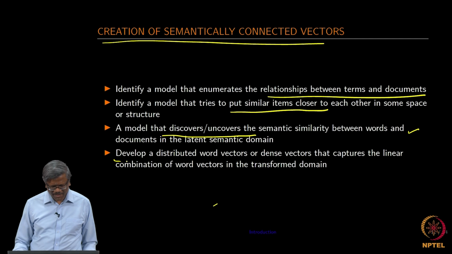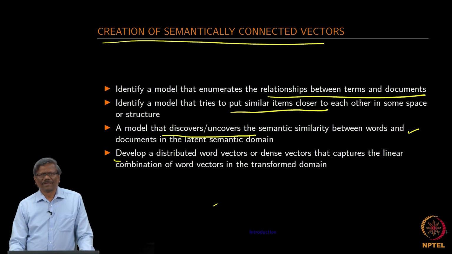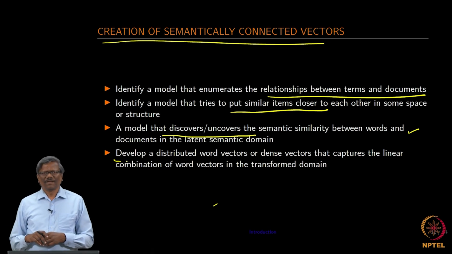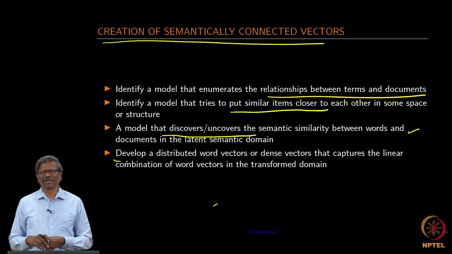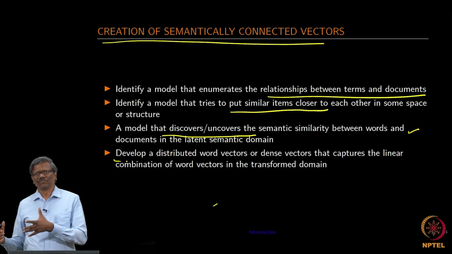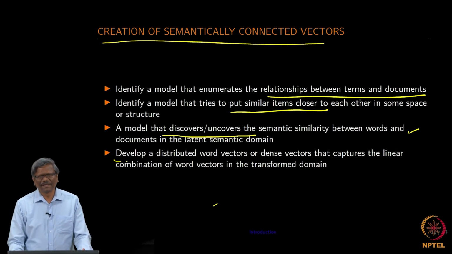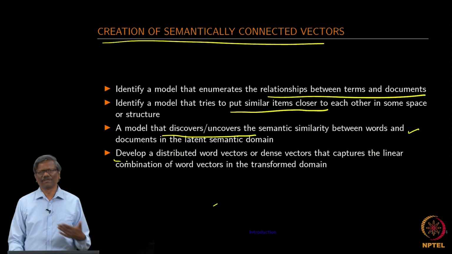Develop distributed word vectors or dense vectors that capture the linear combination of word vectors in the transform domain. For example, when you are transferring from one domain to the other, what happens in the transform domain? So, the words are transformed into a different set of vectors. Does it really convey the real meaning of the word that we see in the world right now, which is in front of us?